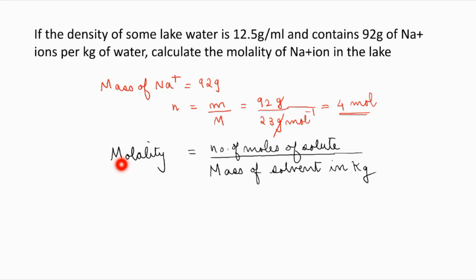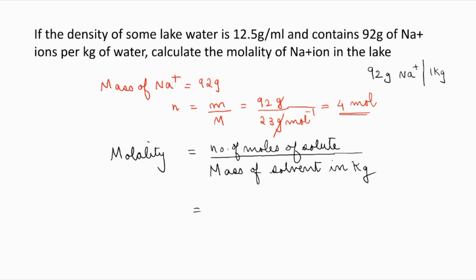So what is molality? Number of moles of the solute divided by mass of the solvent in kg. We already got the number of moles. Now how to get the mass of the solvent? They have already mentioned in the problem that there are 92 gram of sodium ion per kg of water. That means 92 gram of sodium ions are present in 1 kg of water.